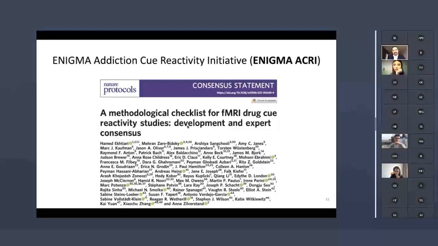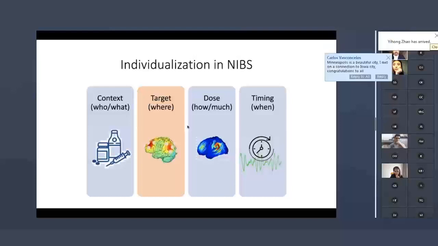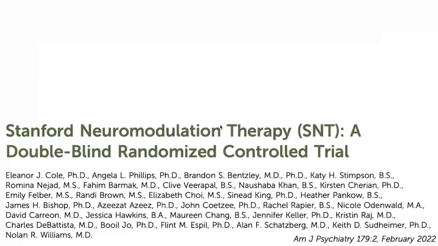The next level that we will discuss today in the webinar would be target. We will discuss a lot about target, how we can find the right target, how we can optimize the target at the group level, and how we might be able to optimize target at the individual level. There are two seminal works that are going to inform what we are doing in the field of addiction.